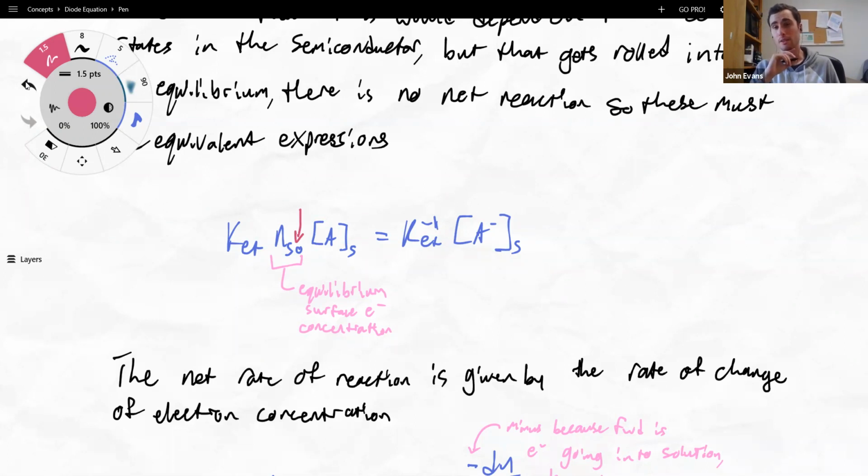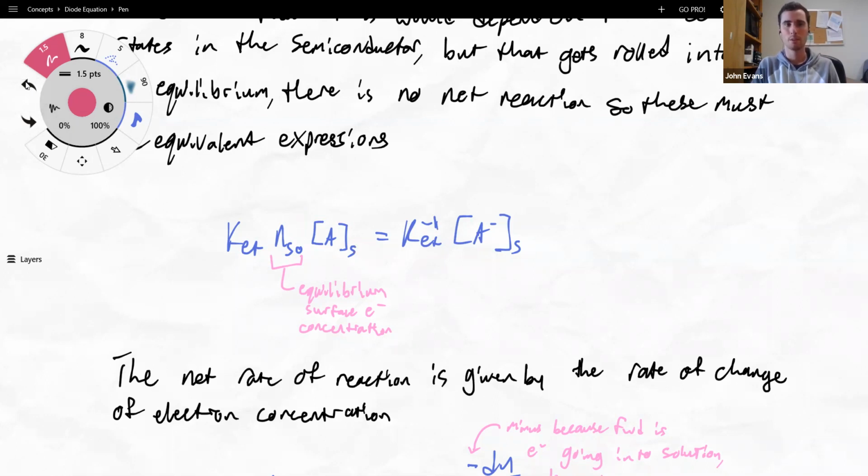Because as we do a reaction, we are going to change the concentration of both this, and our electron concentration. So it's good to just denote that we're talking about an equilibrium concentration here. Technically, this is true for both of these as well, but again, we're going to assume that we're not changing their concentrations too much.